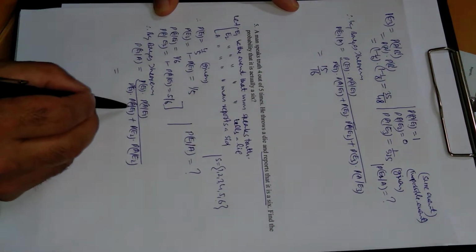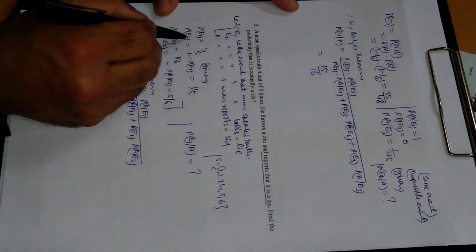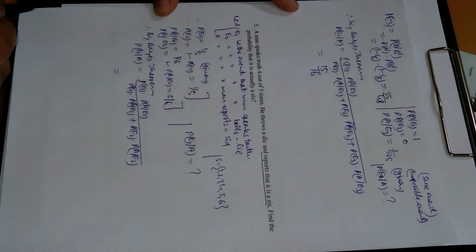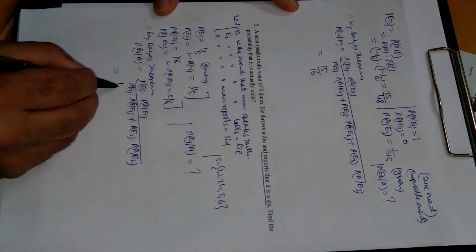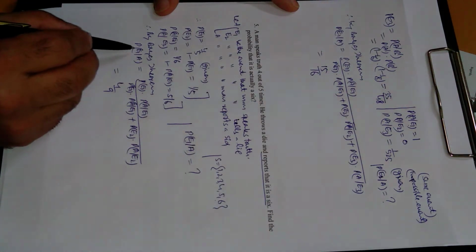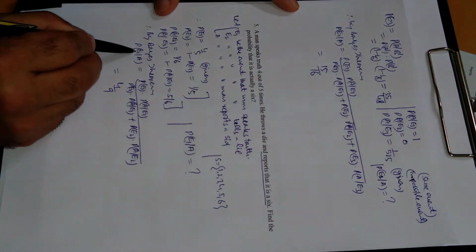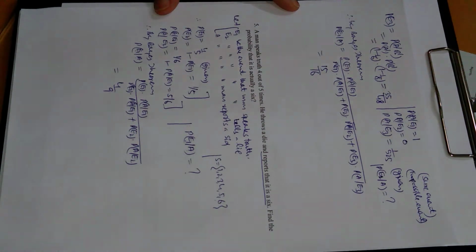Now substitute the values of all of these probabilities. All probabilities are given and we have just evaluated them, and on simplification it will come out to be 4 by 9. So this is the probability that the man speaks the truth and it is actually a 6 when he reports a 6.